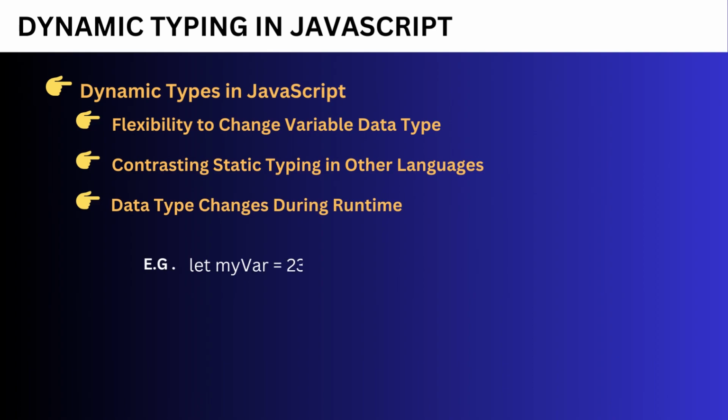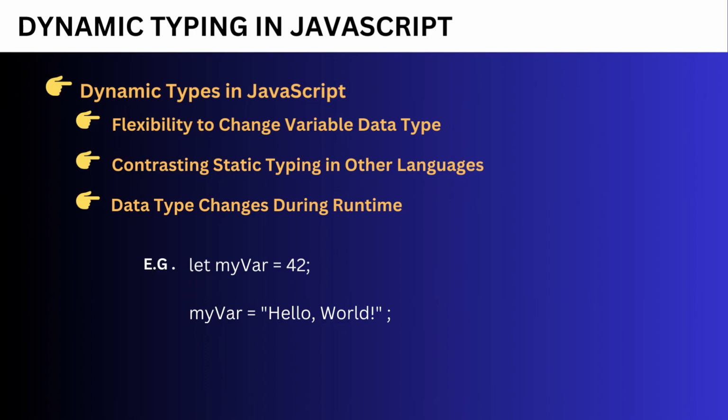For example, you can initially assign a number to a variable and later change it to a string or any other data type. This dynamic behavior can be powerful but also requires careful handling to avoid unexpected behavior. It's important for JavaScript developers to be aware of this dynamic nature when working with variables and data, making it a fundamental aspect of the language's flexibility.